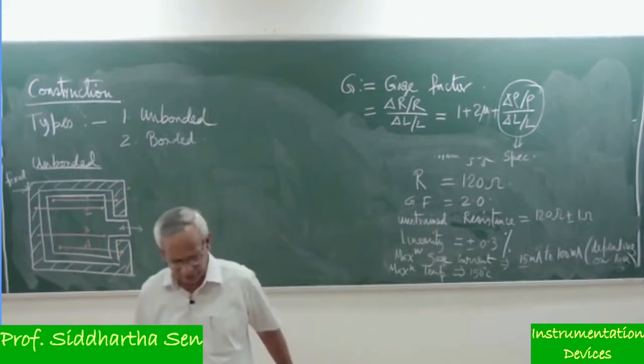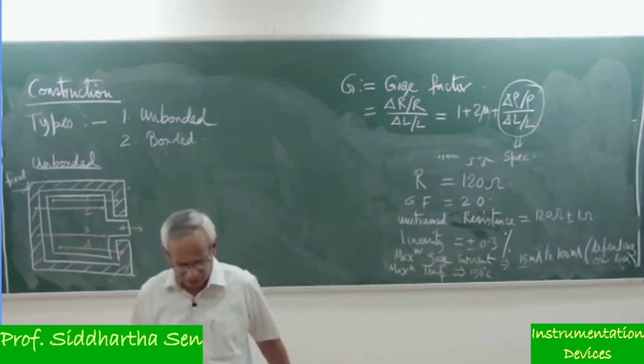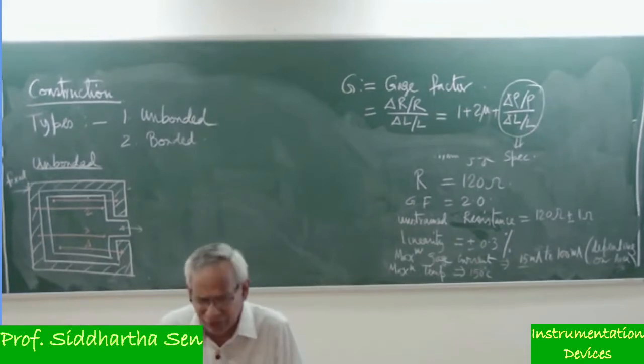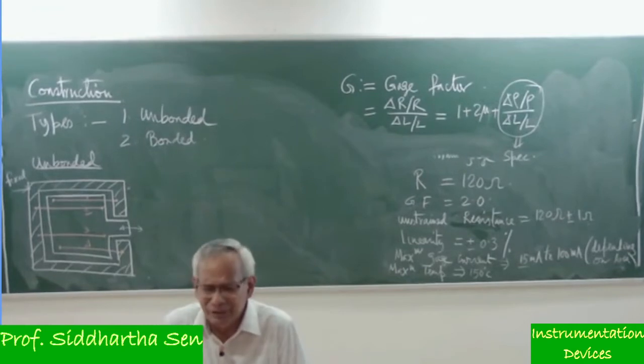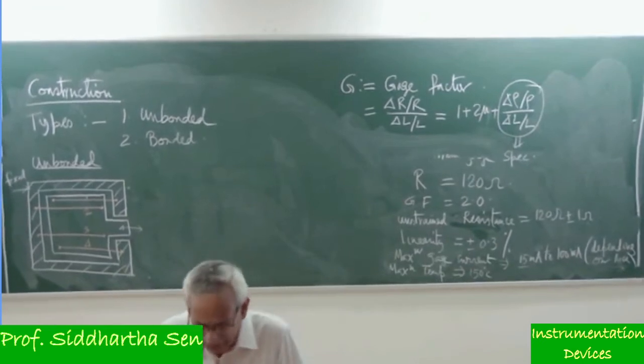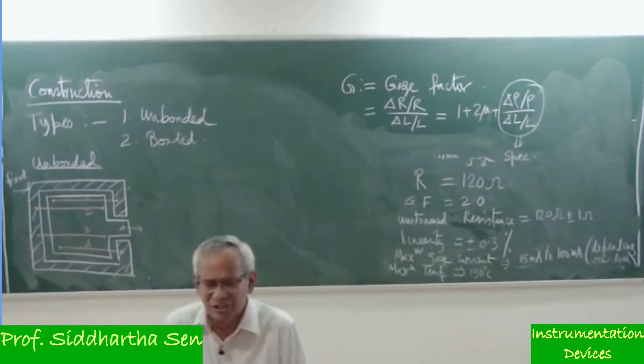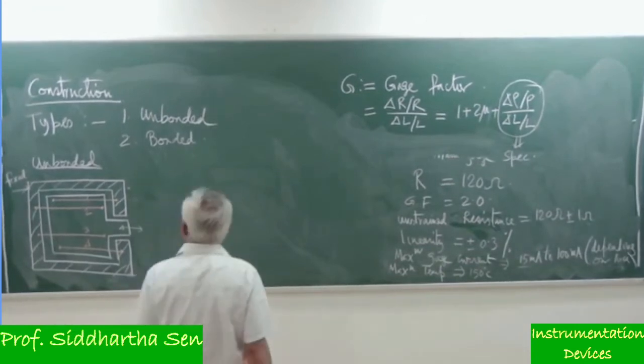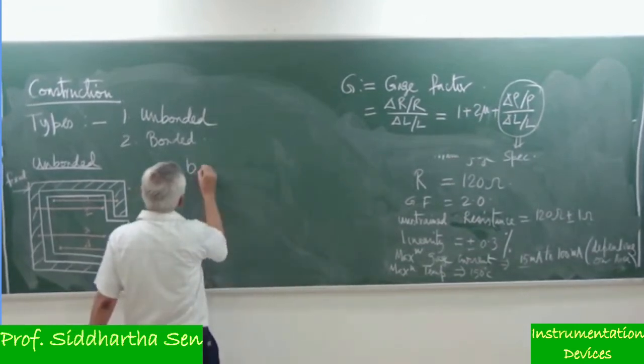But in most cases, strain gauges are fabricated first, and they are simply bonded or glued over the surface of the test bench or test structure. So the other one is called the bonded type.